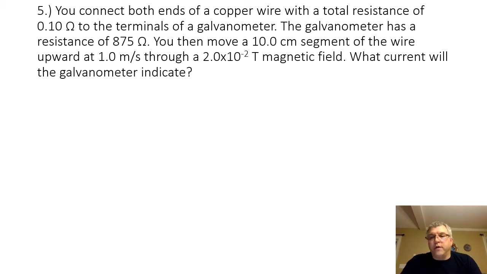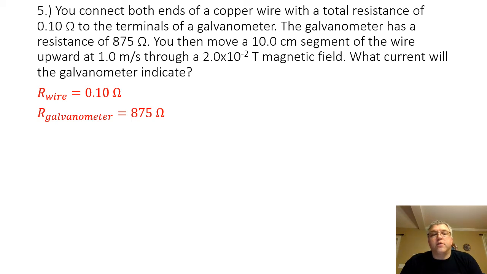But before we can find the current going through the galvanometer, we're going to need to know what the voltage is, or more specifically, what the induced EMF is going to be in the wire. So we are given the resistance of the wire at 0.10 ohms. We're given the resistance of the galvanometer at 875 ohms.